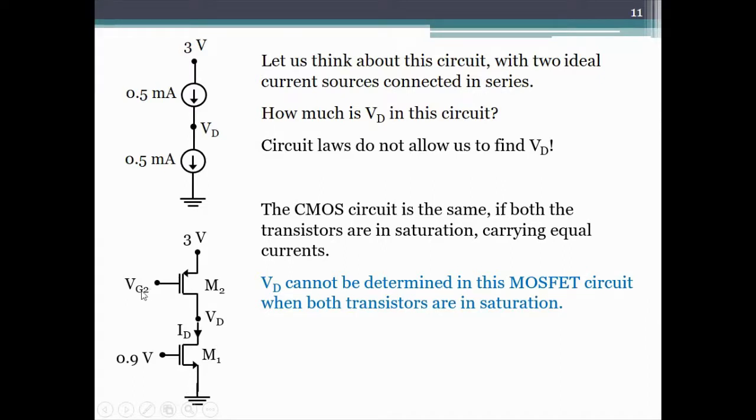We just found that with VG2 equal to 2.1 volts, they both are in saturation. Therefore, this circuit is identical to this circuit, and therefore we say VD cannot be determined. The answer to the question what is VD is we don't know. We don't know VD in this circuit.